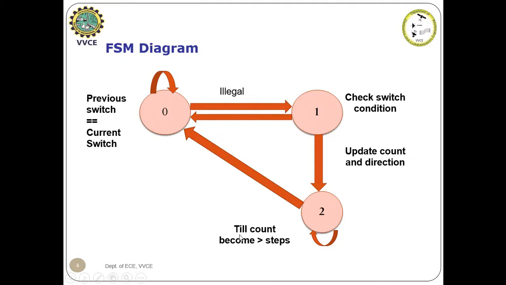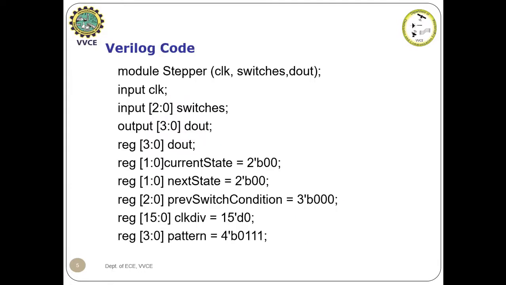If it is less than the steps, then I go from state 1 to state 2. If the count value becomes greater than the steps, it is a completely illegal condition and then I have to move to 0, 1 and repeat the process. In this way, I wrote a Verilog code for the stepper motor interfacing based on external switches. Let's see how we can do this with the Verilog code.